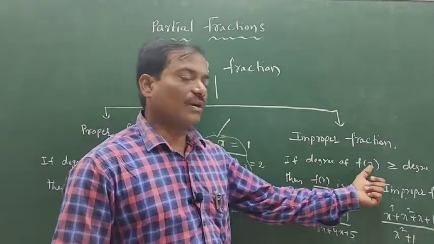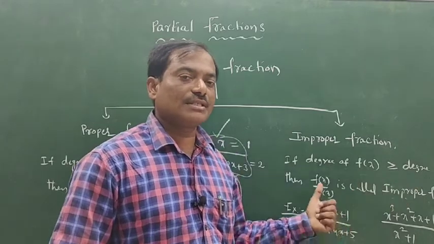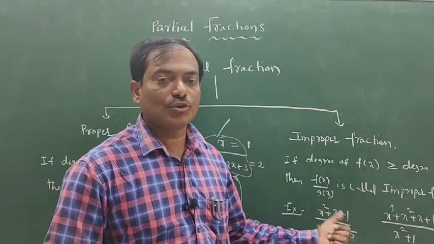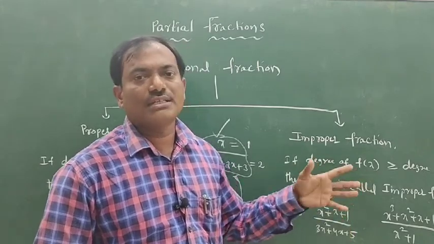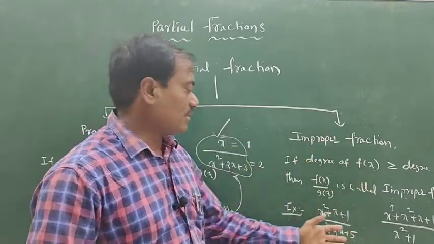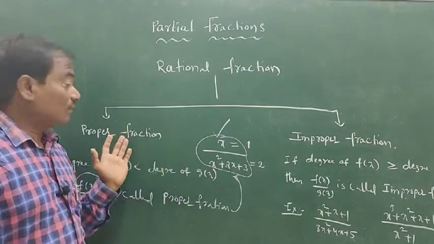And if the degree of f of x is greater than or equal to the degree of g of x, then the given rational fraction is said to be an improper fraction. Now these are the examples: these are the examples of improper fraction, and this is the example of proper fraction.